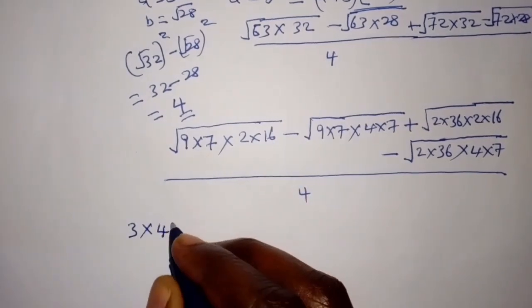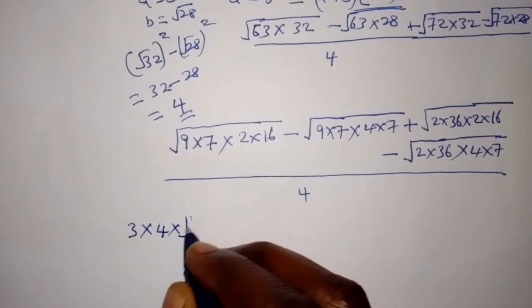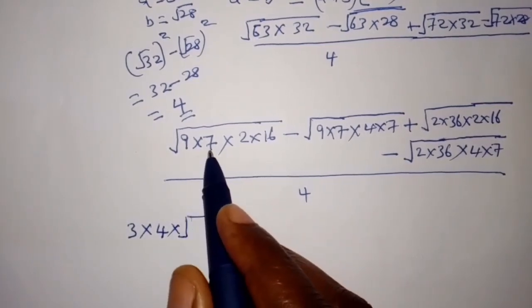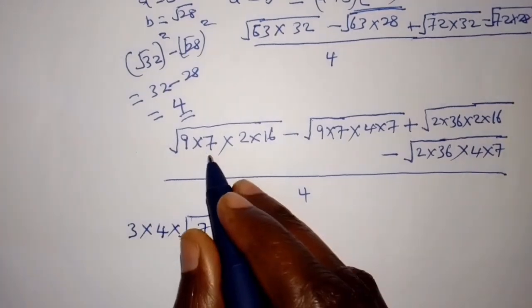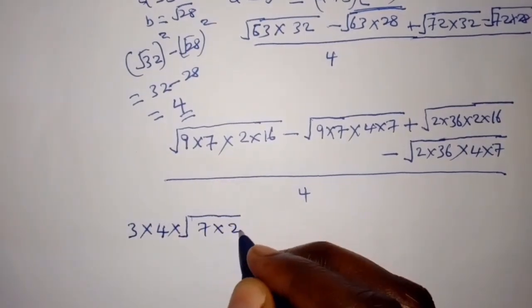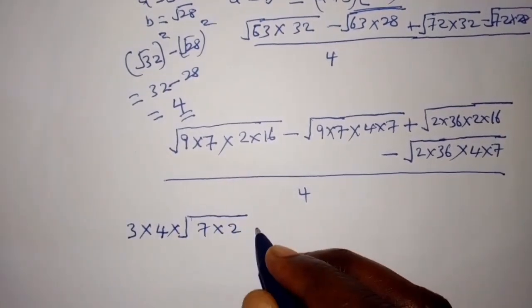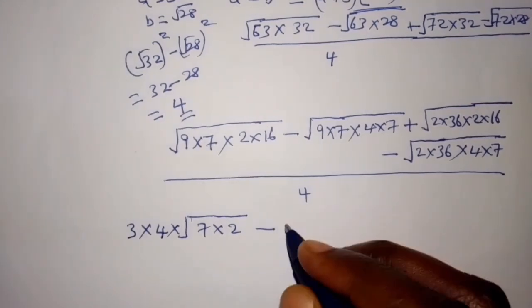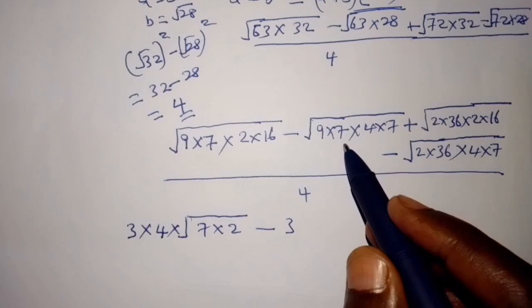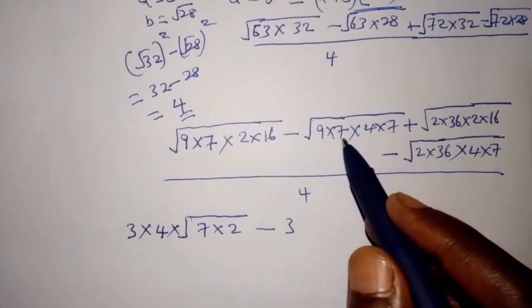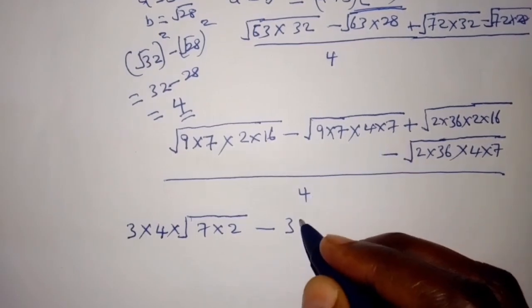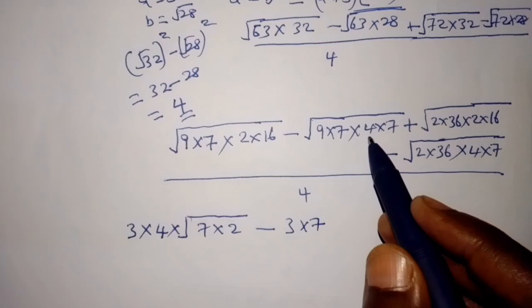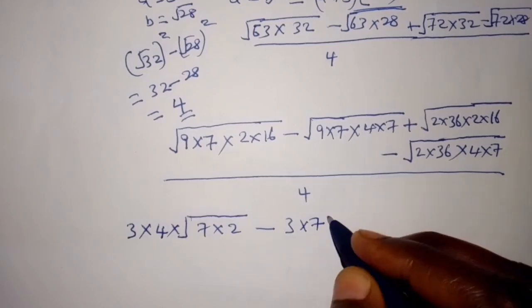Then we multiply by square root of 7 times square root of 2, minus square root of 9 is 3. Square root of 7 times 7 is 49, and square root of 49 is 7. Square root of 4 is 2.